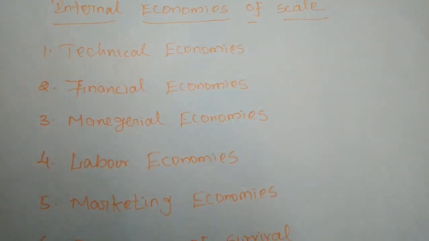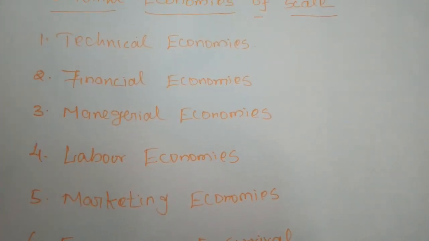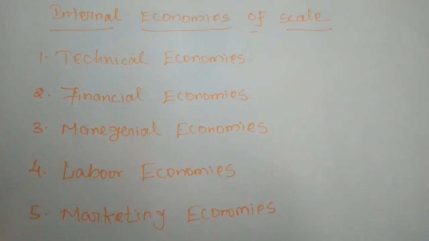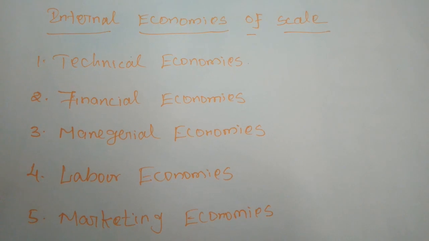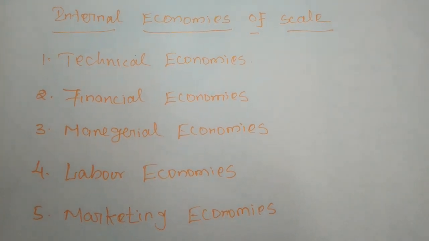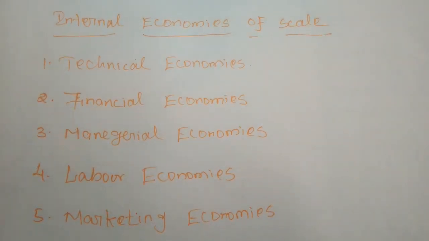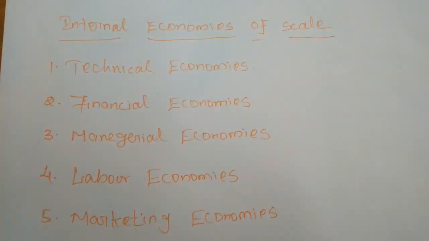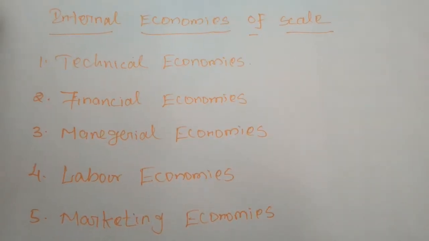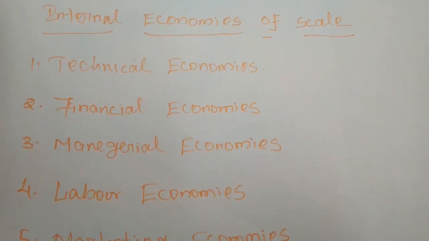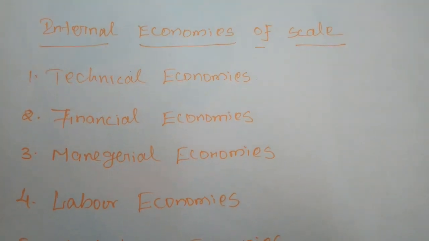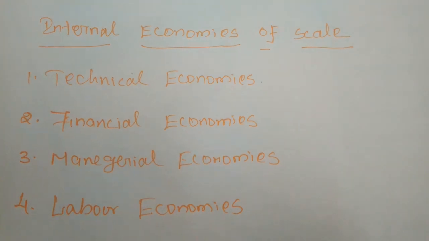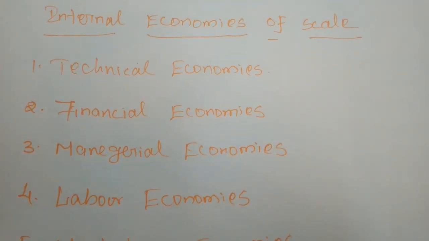By using new technology in the production unit, we can produce without much effort or trouble. By using technology or machinery, we produce more commodities, equal to what many laborers would produce. So the advantages the producers get from using technology are called technical economies.